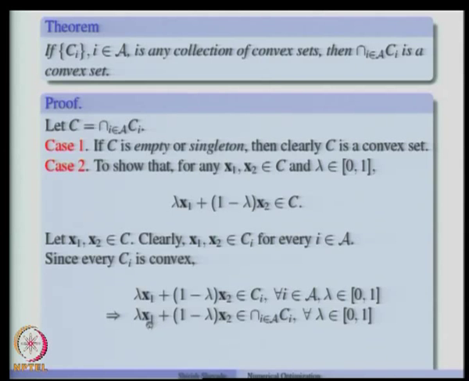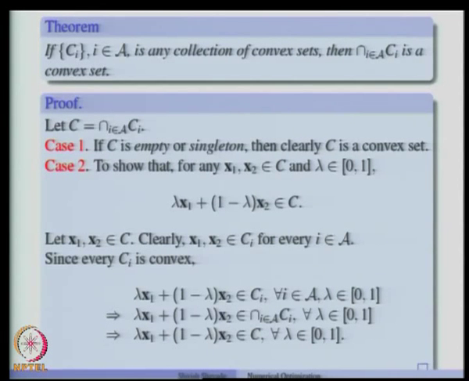So lambda x1 plus 1 minus lambda x2 belongs to the intersection of all Ci's for all lambda in the range 0 to 1, and this intersection of Ci, i belonging to A, is nothing but the set C. So lambda x1 plus 1 minus lambda x2 belongs to the set C for all lambda in the range 0 to 1.